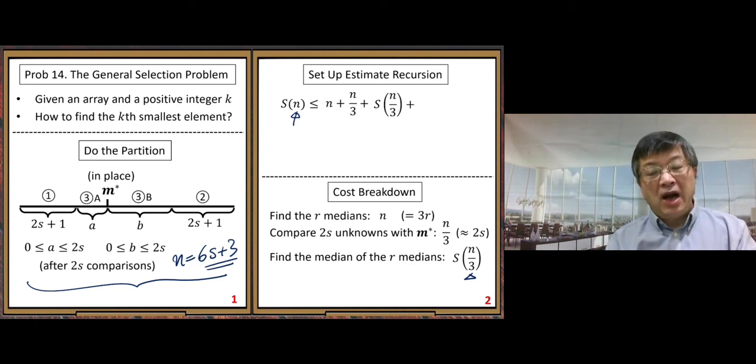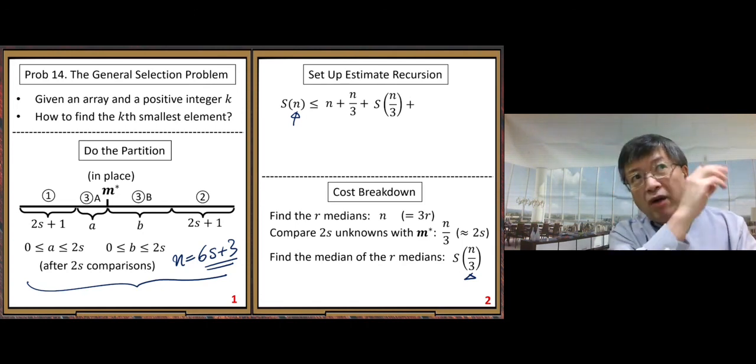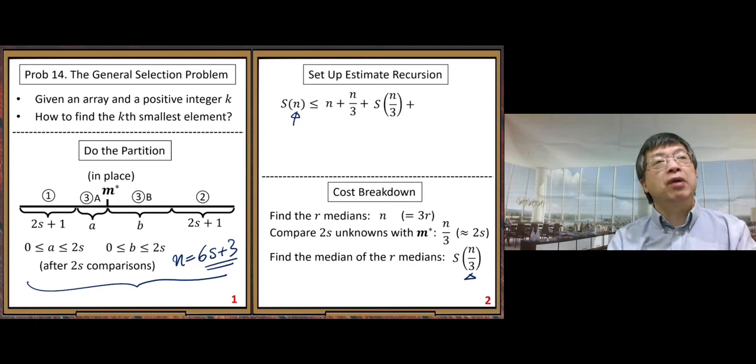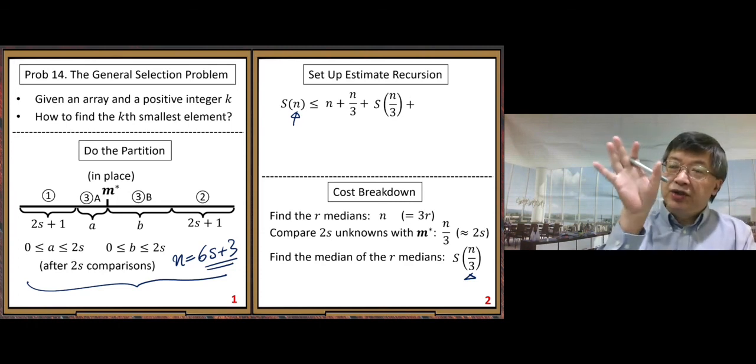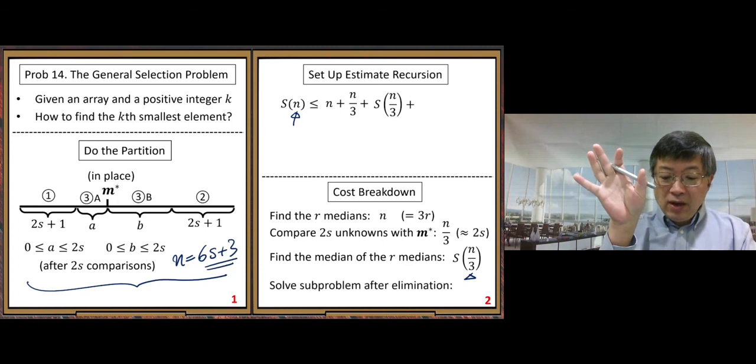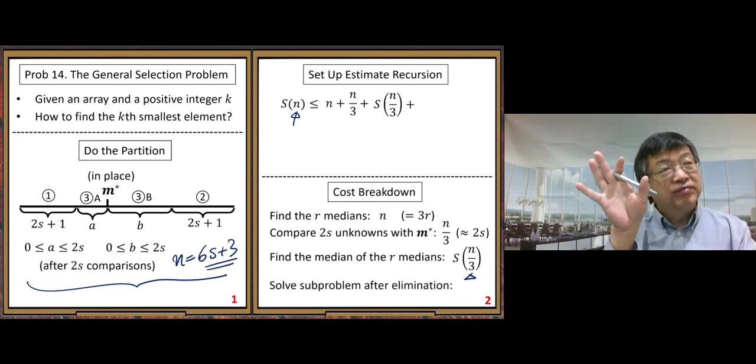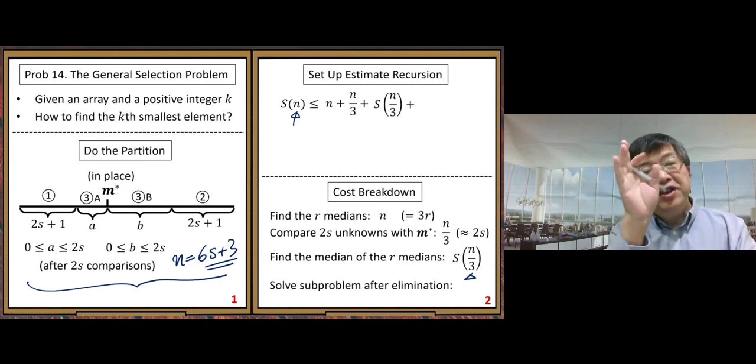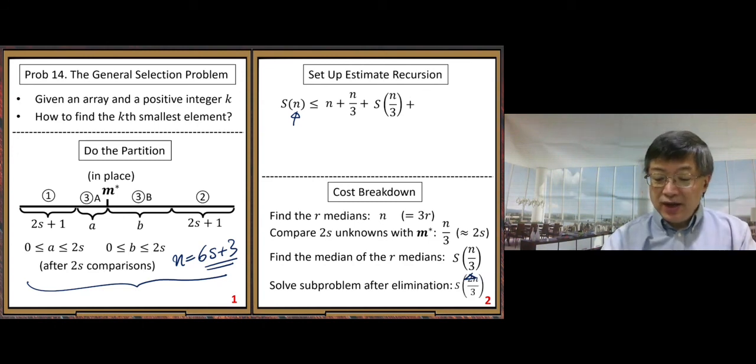Then, after that, what do we need? We need to drop one of the two subarrays and do recursion on the other one. But when we drop by elimination, what is the size of the remaining subarray? The size is at most 2n over 3.